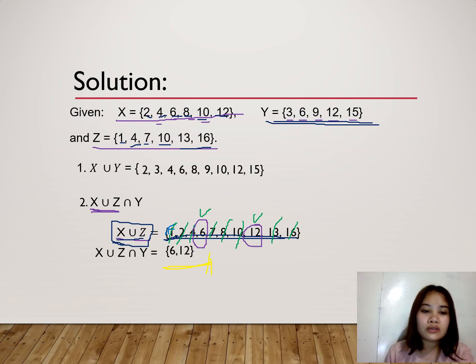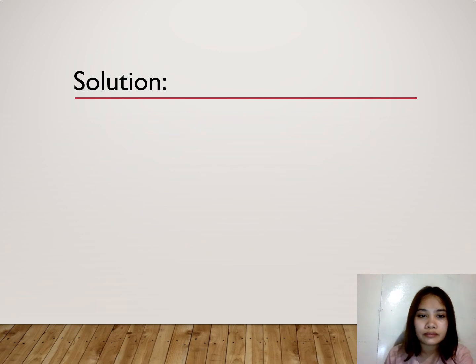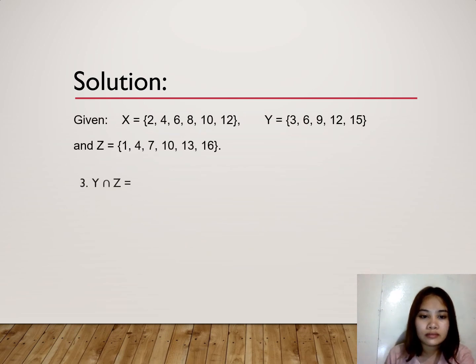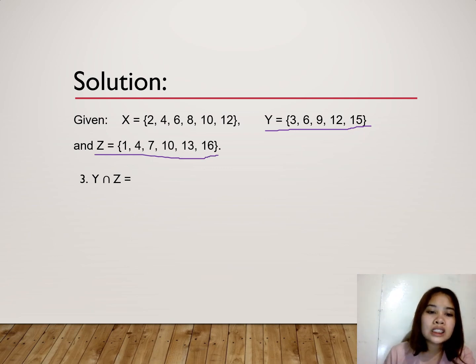So, let's proceed to C. Y intersection Z. So, we will use the elements in Y and Z. So, intersection again, common between the two sets. Okay? Do we have 3 in Z? No. Do we have 6?